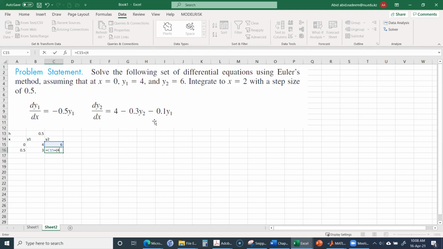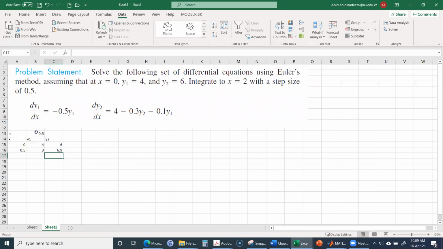It is equal to 4 minus 0.3 times y2, where y2 is this value, and minus 0.1 times y1, where y1 is the previous value. Then close the bracket and multiply by h.